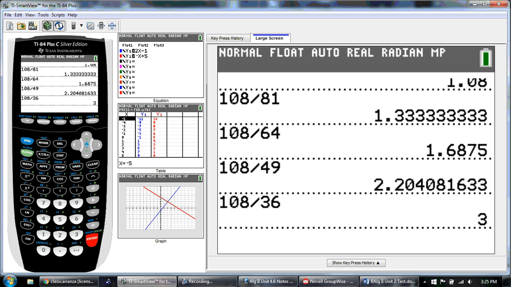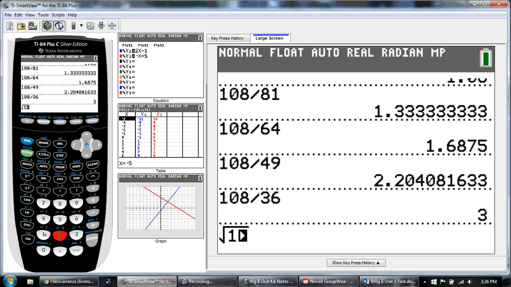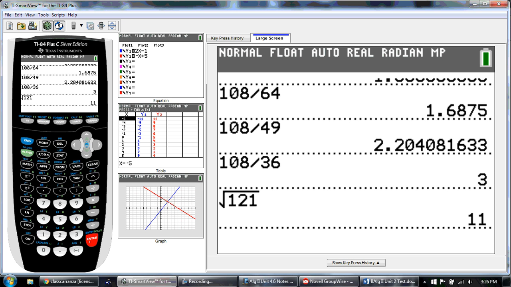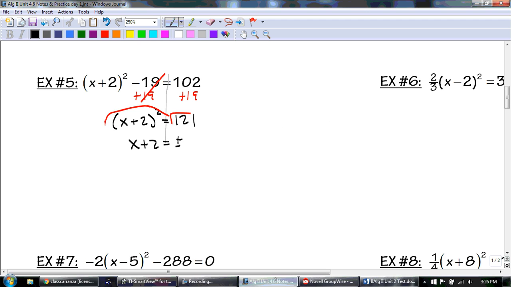Now, 121 is one of our perfect squares. I can just, boom, get my answer. Okay, so it's plus or minus 11. And then I'm subtracting 2 to both sides to get x equals negative 2 plus or minus 11. And for here, I can actually get my answer.